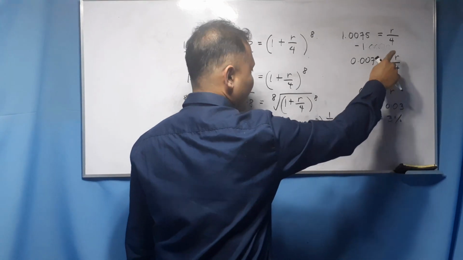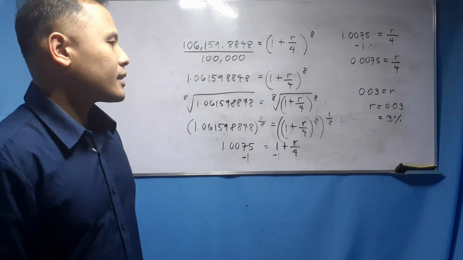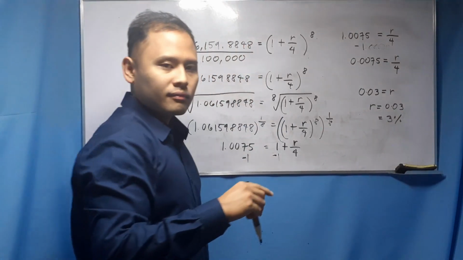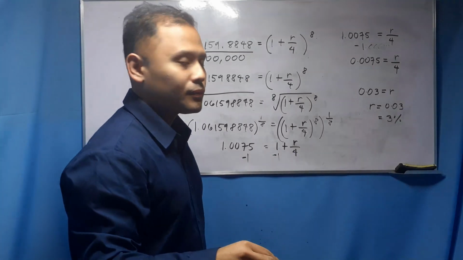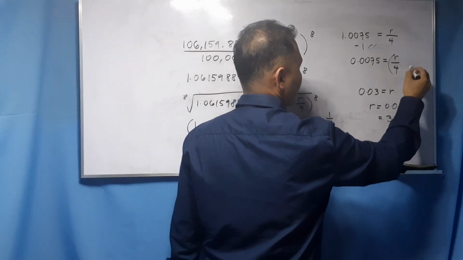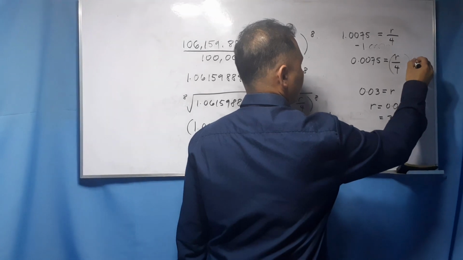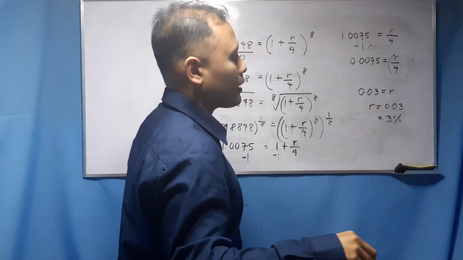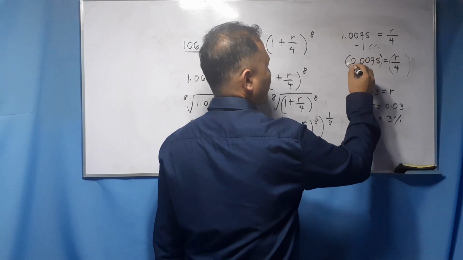Since we are again focusing on the value of R, the next process is to remove 4. How can we remove 4? It is done by multiplying this term by 4. Because we multiply 4 in the right hand side, we also multiply 4 in the left hand side.